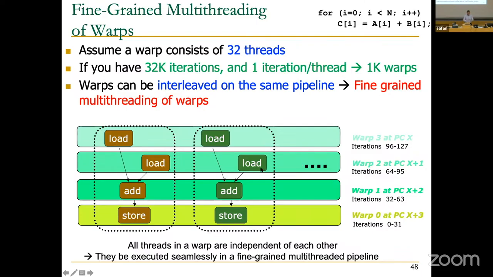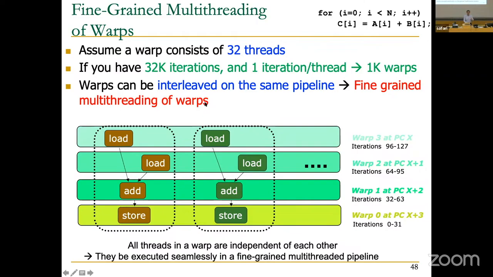In the load unit, because you may have multiple functional units, you may have warp 2 executing PC X plus 1, which is a load, but iterations 64 through 95. And then in the other load unit, which you may have again, or a pipelined load unit, you may have warp 3 executing iterations 96 through 127. So you can see that different sets of iterations are getting executed on different functional units.